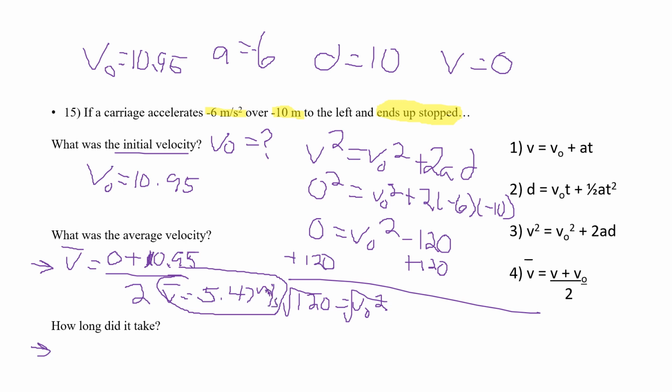And then how long? Now, with all these variables, let's just pick the first equation. 0 equals 10.95 plus negative 6 t.